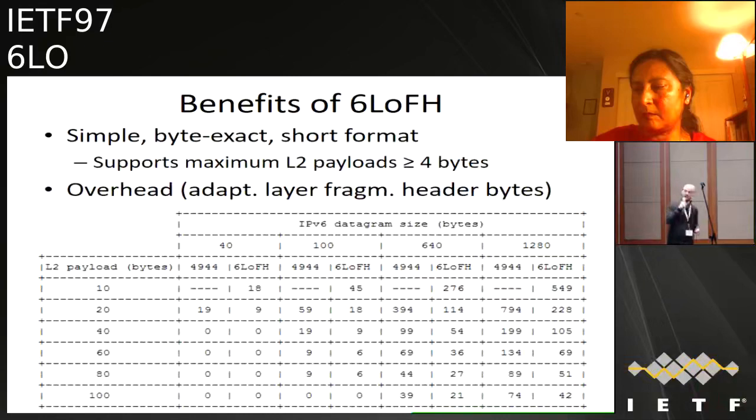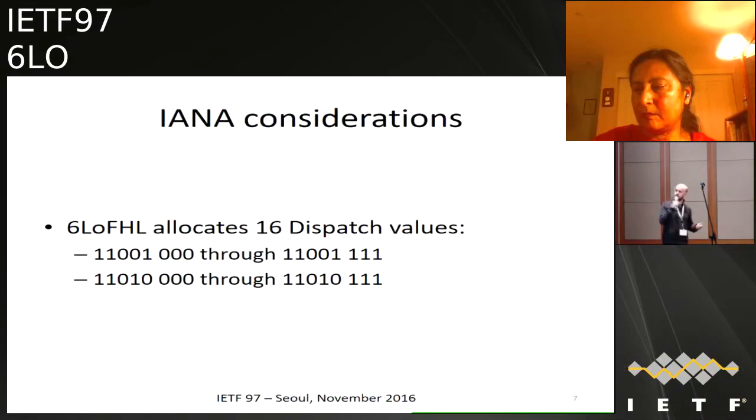Next, please. So we need to allocate 16 dispatch values. The first 8 correspond to the dispatch values used for the first fragment. The other ones correspond to subsequent fragments.